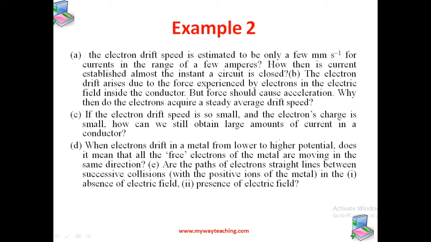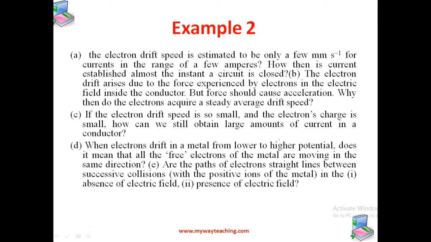So, establishment of a current does not have to wait for electrons traveling from one end of the conductor to the other end. However, it does take a little while for the current to reach its steady value.